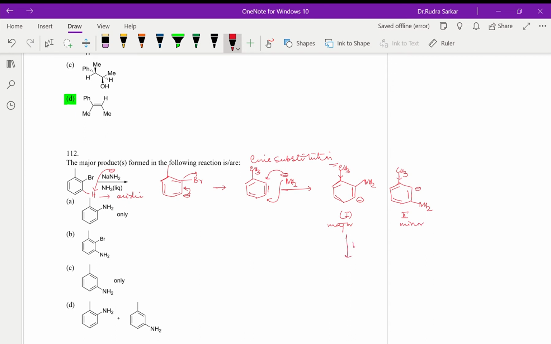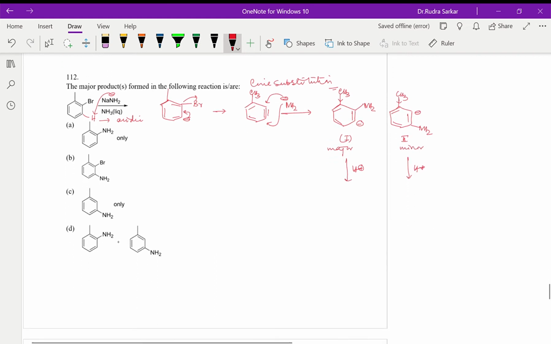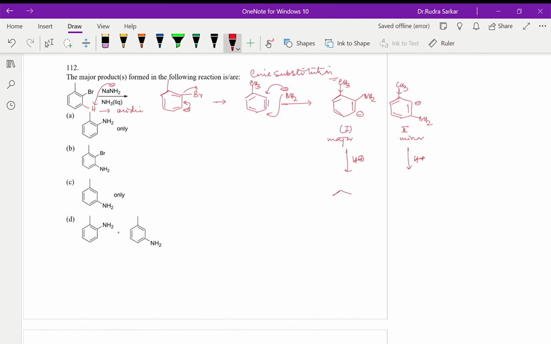Hence, after it takes up the proton from the medium, the product coming from 1 will be the major product. This is the major product and that is the minor product. So answer D is the correct option.